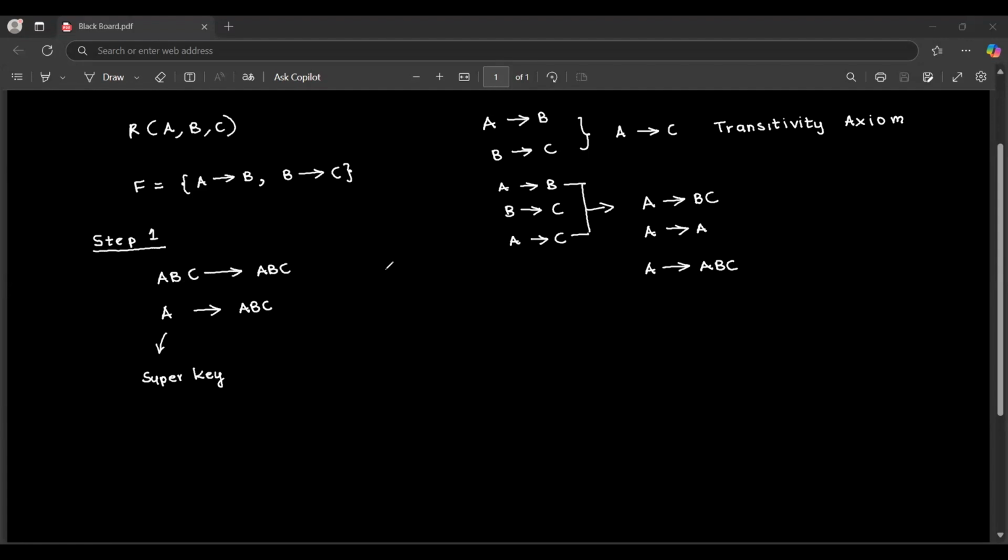But the question is, we have to find out the candidate key.